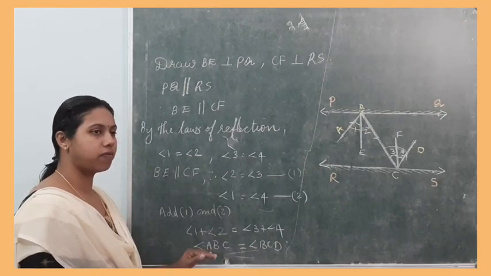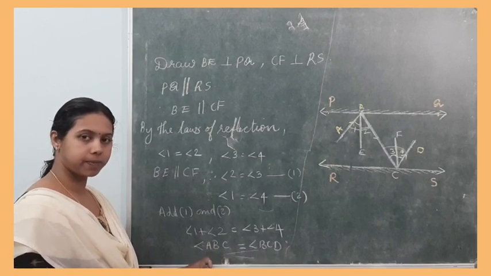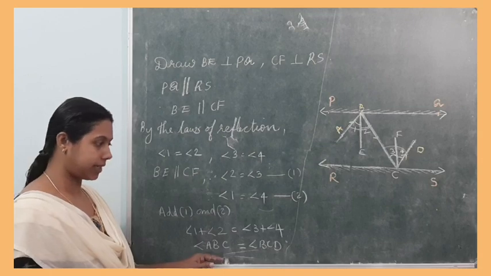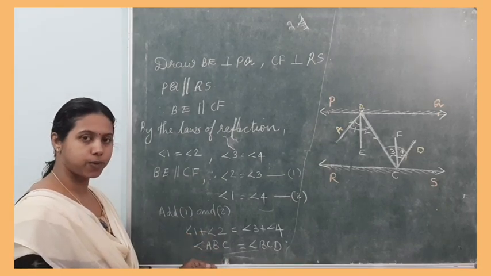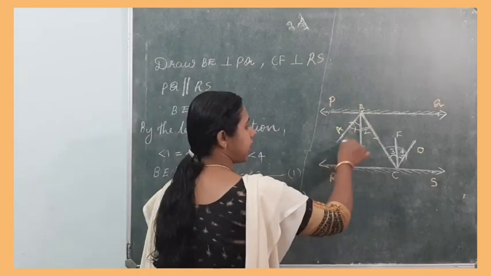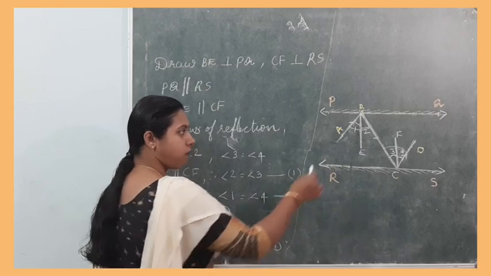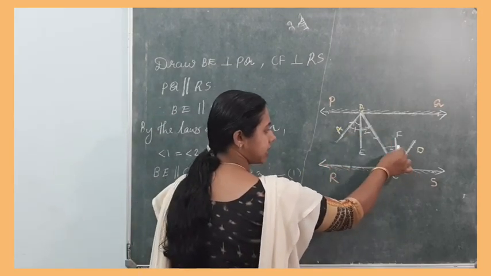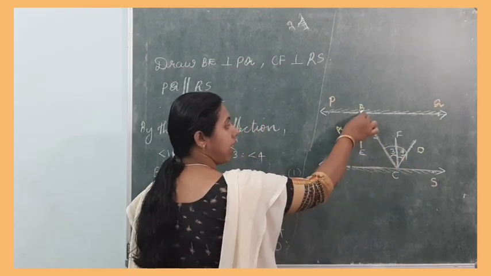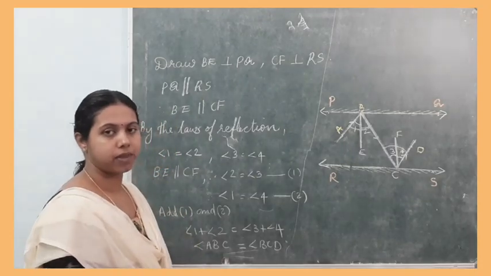So using the converse of the interior angles property, by theorem 6.3, if a transversal cuts two lines such that a pair of alternate interior angles are equal, then those two lines are parallel.